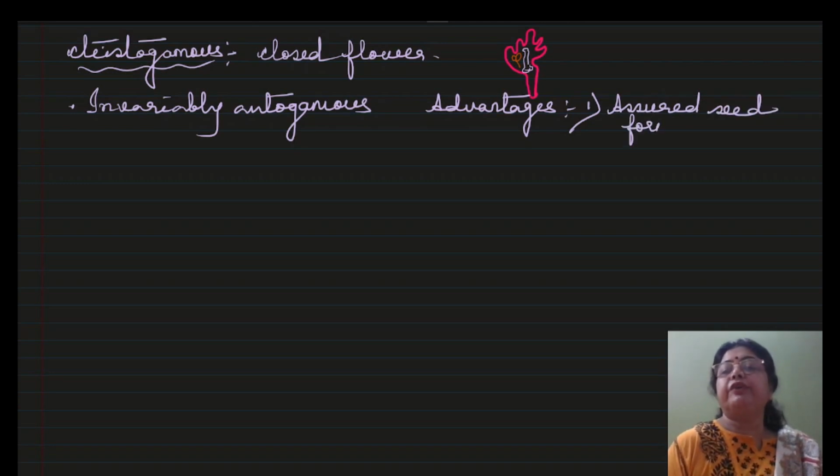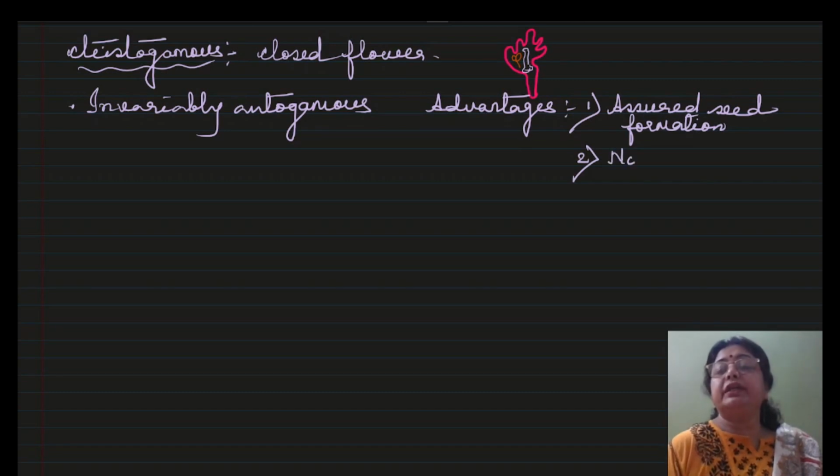They do not have to wait for a chance. Another advantage: no need of pollinators. So students, can you say what are the disadvantages of this?